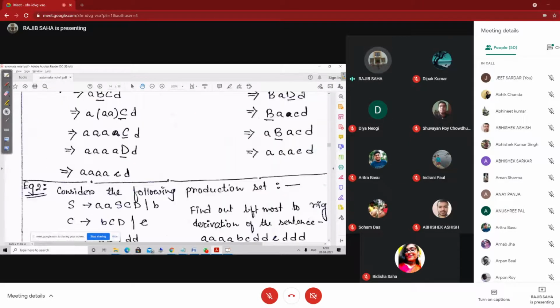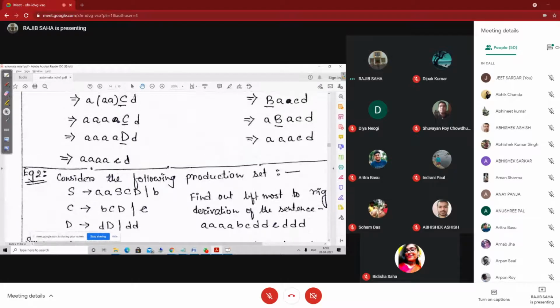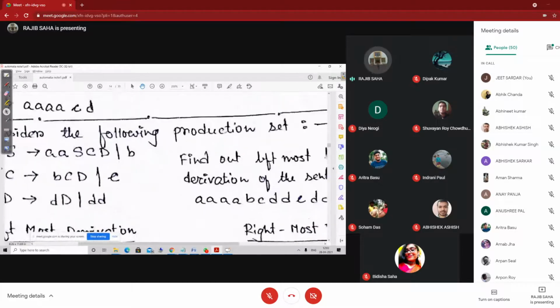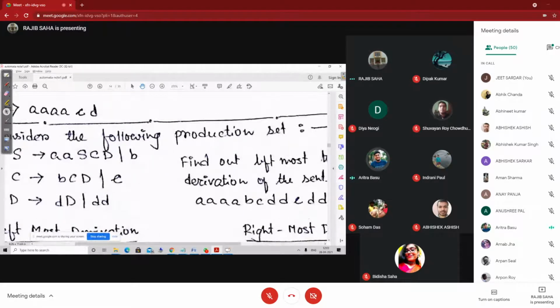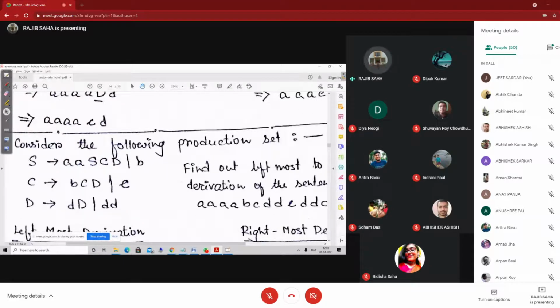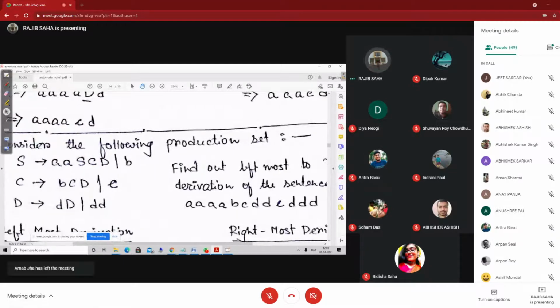So we will go for the next example. Is that visible? Yes, sir. Write the grammar first, the string is a bit long. What I am telling you is that A, C, D are all in capital, and this C is also capital.